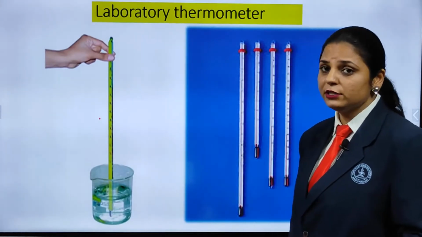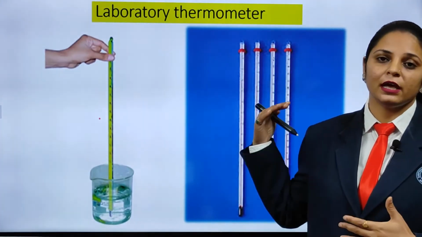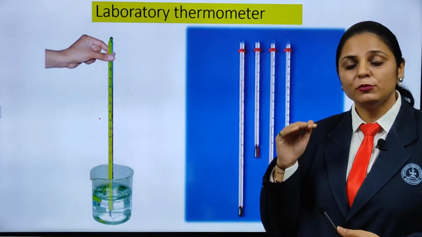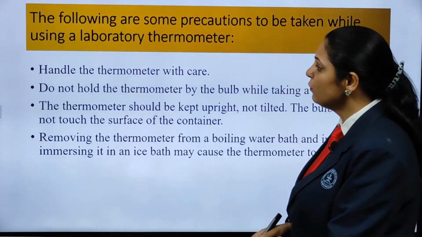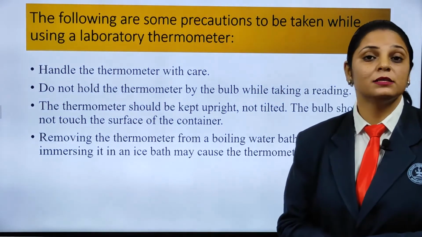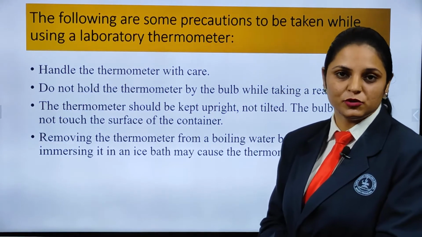And laboratory thermometers are of various measurements. It is not only up to 100; it may be 50, or any range up to which we want to check. Next, you have to follow the precautions here: it should be handled with care as mercury is present inside it, and mercury is a toxic substance.